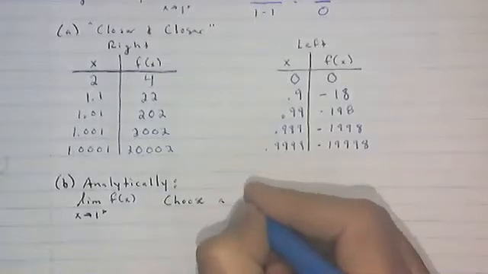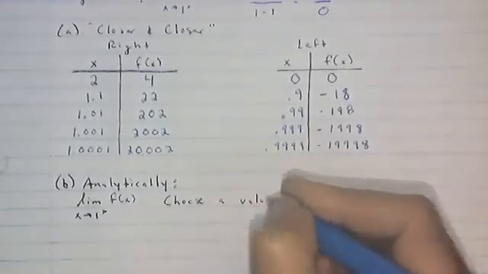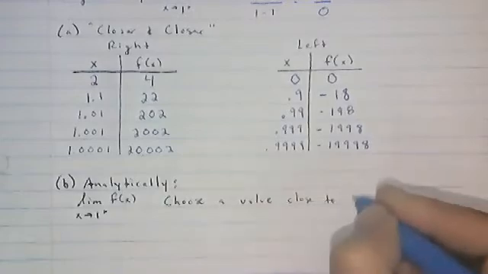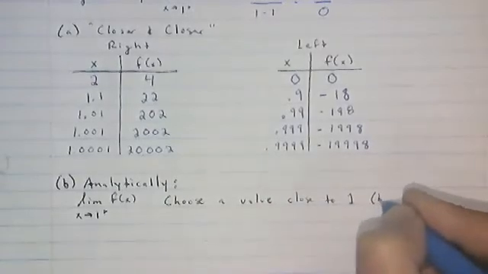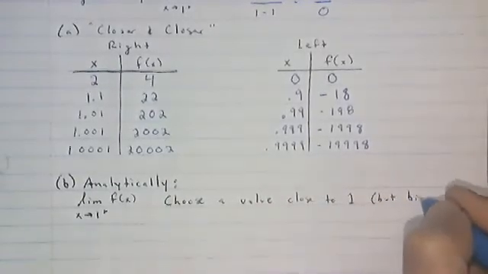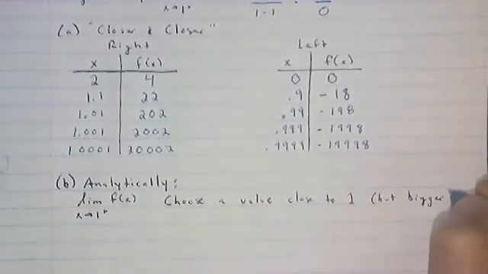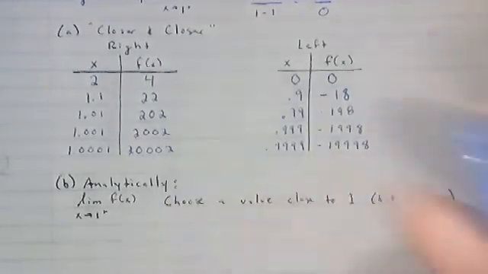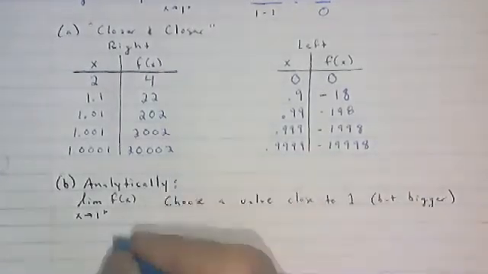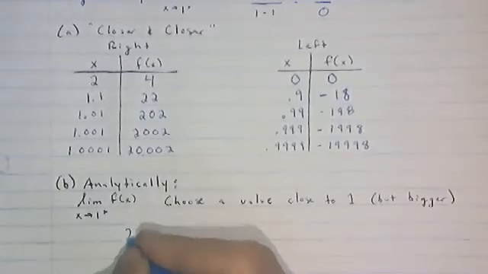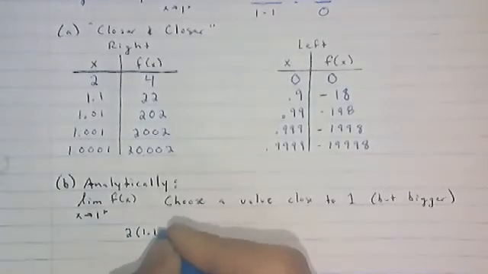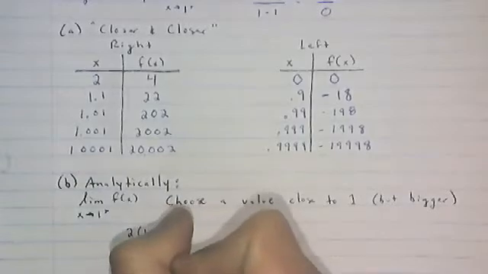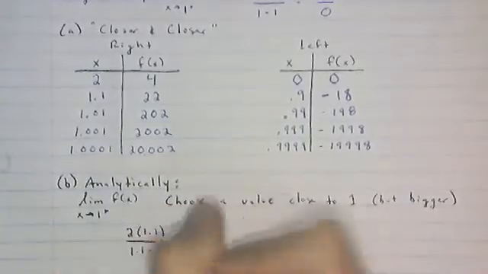Choose a value close to 1, but bigger. Okay. So let's do 1.1. So we'll do 2 times 1.1 divided by 1.1 minus 1.